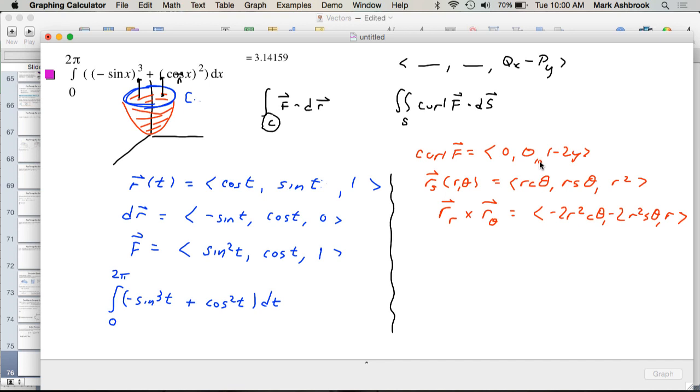So we're going to do curl of f dot this one. So we do the dot product of these.